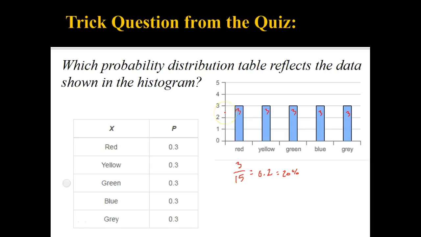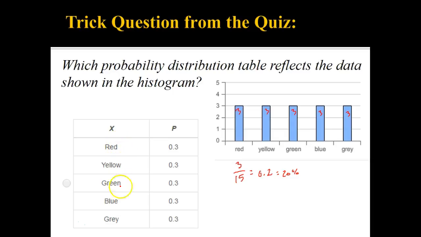Now, I showed you this one. This one's actually one of my trick questions from the quiz. The answer that everyone has been picking is this answer where it has 0.3. This is the probability chart.